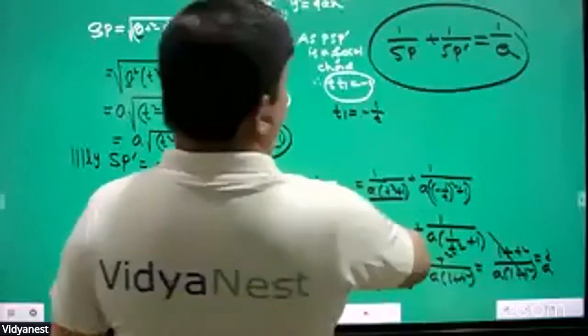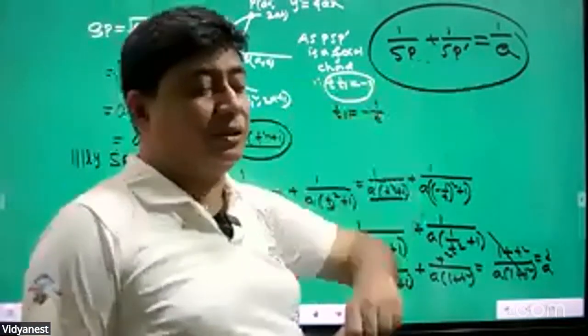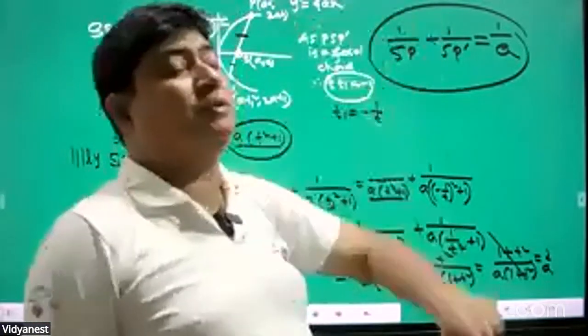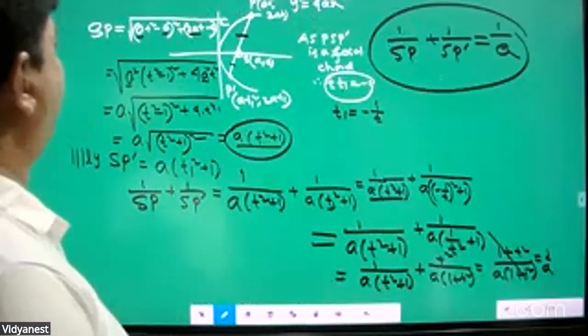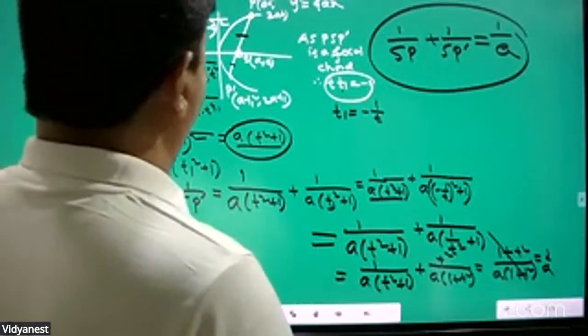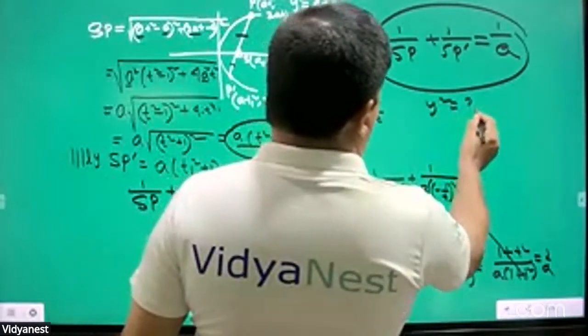In JEE, in school level, you will be asked to prove this. In JEE, you will have the application of this formula. This will be considered as formula. Okay? Hope you could follow. Now, y square is equal to 32x.